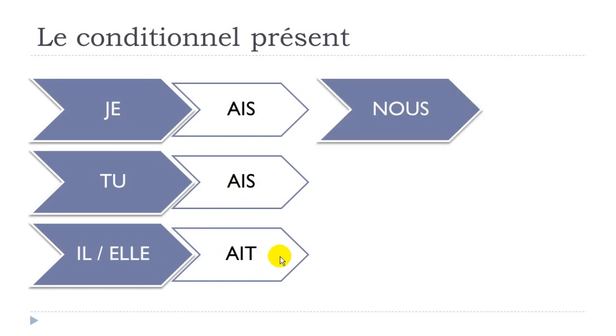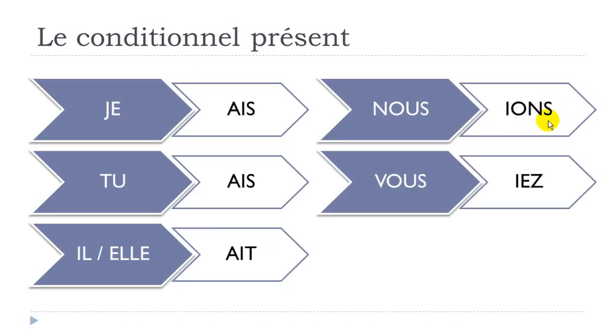So now let's see nous, and nous goes like I-O-N-S, okay, and it should be pronounced ion. Remember, final S is not pronounced. Ion, okay. Then for vous, it goes like I-E-Z, and it goes like ye, okay. Remember, when you get this I before, it goes like ye, okay, ye. So that's the reason why we had this ion here, and then ye.